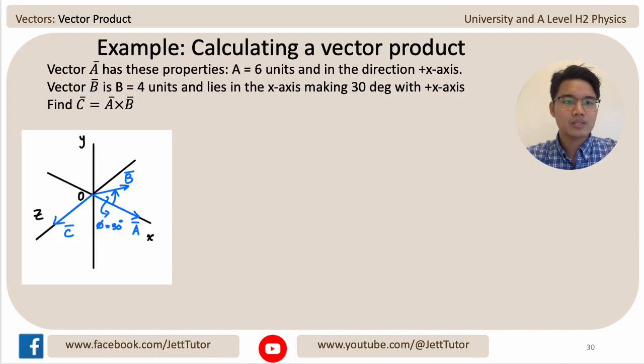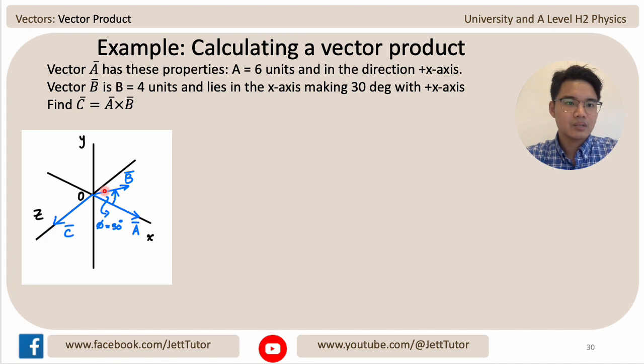Okay, let's do some examples so we will get a better understanding of the vector product. For example, calculating a vector product: vector A has these properties. A equals 6 units in the direction of plus x.